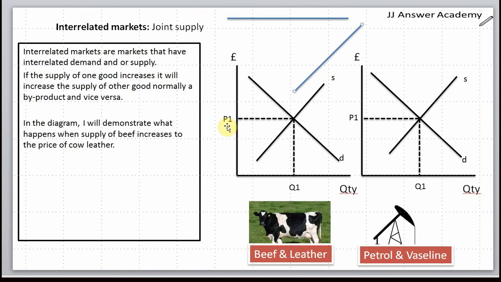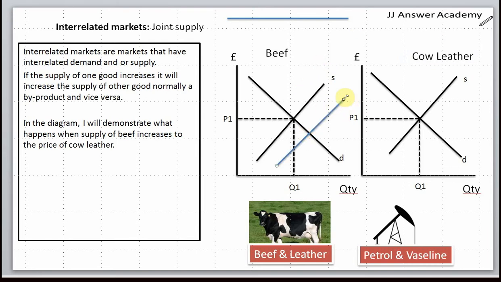The market equilibrium is at price P1 and Q1. Let me label this as the market for beef, and this is the market for leather, or cow leather. Some people call it cowhide as well.